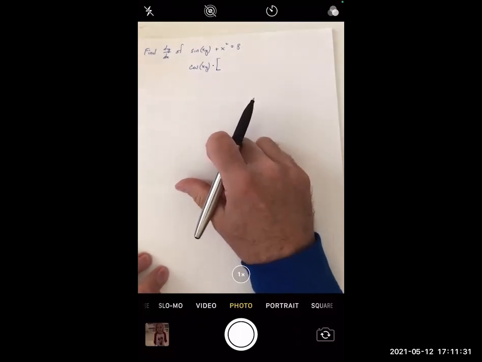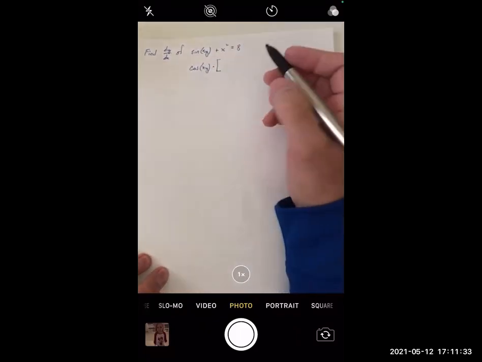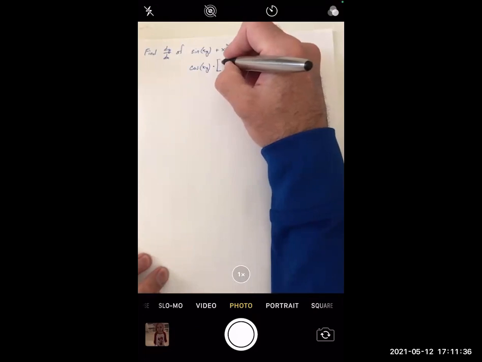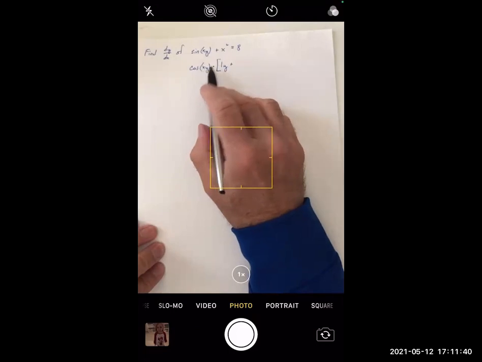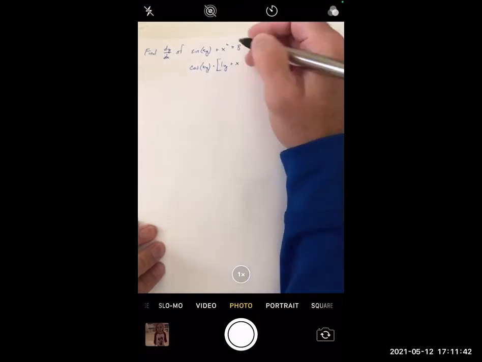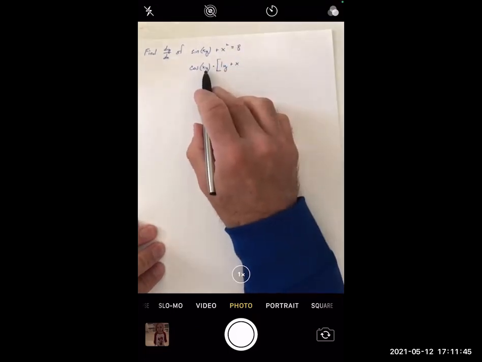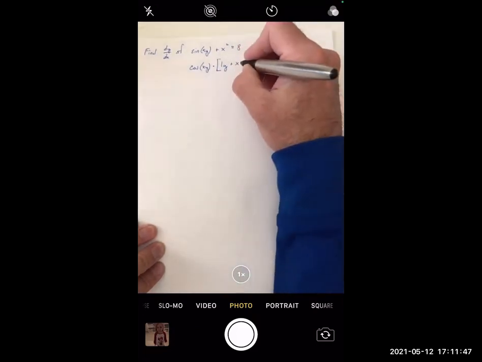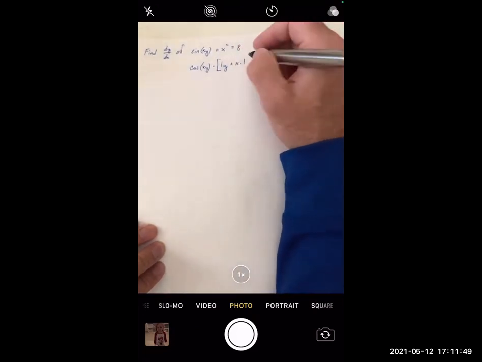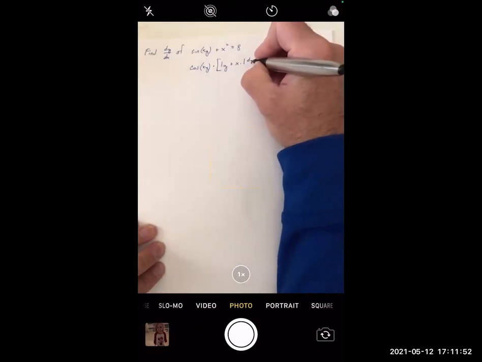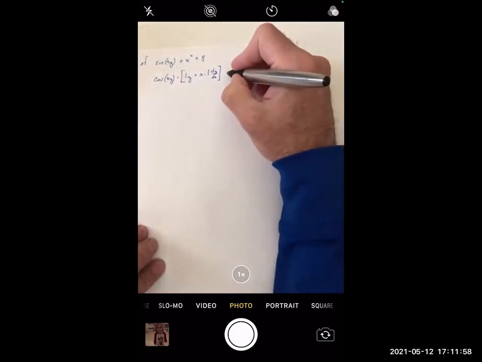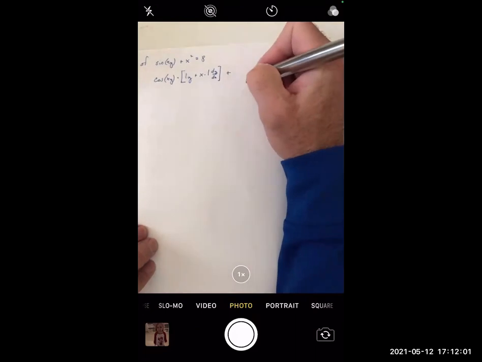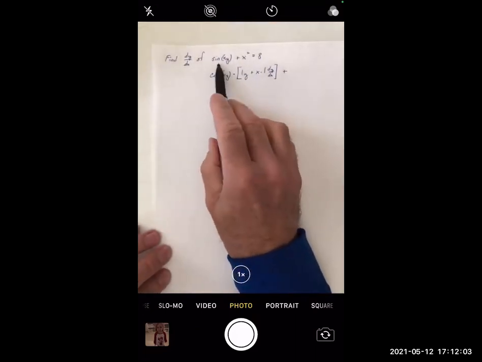Product rule. So the derivative of x is just 1 times y, and then plus the x stays there, and then now it's the derivative of the y, which is 1. But then since you take the derivative of that y, it's a dy/dx. Okay, so that is just the derivative of the sine part.